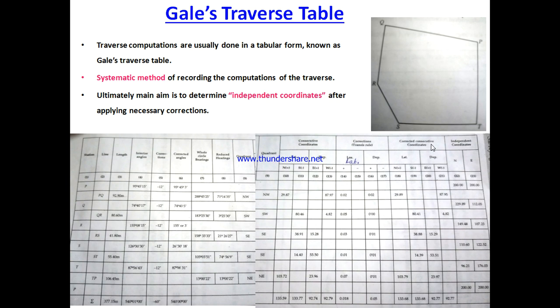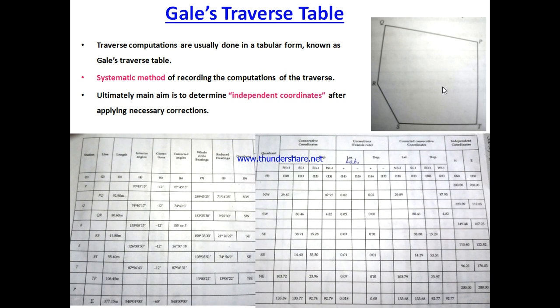Suppose here I have this traverse PQRST with me. Suppose I know the bearing of line PQ, because this is the first line, I know the bearing of the first traverse line PQ. And I also know all the included angles of this particular traverse.